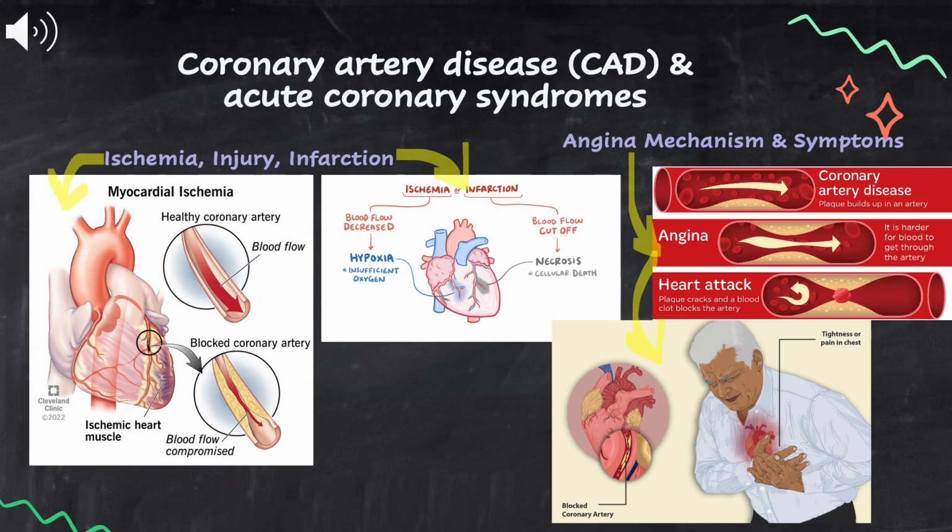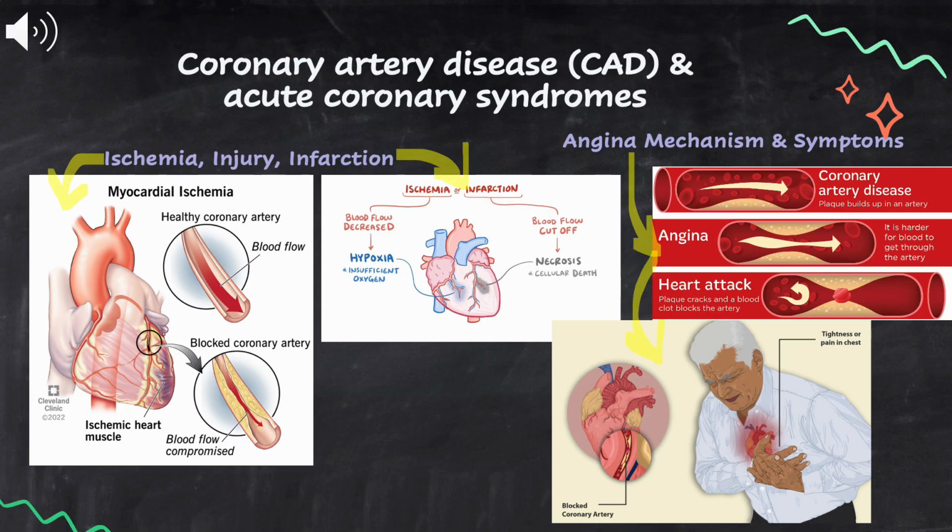If ischemia persists, it progresses to injury, where myocardial cells are stressed and damaged but may still be viable. Without timely intervention, prolonged injury leads to infarction, which is irreversible tissue death. This sequence forms the basis of acute coronary syndromes and explains why early recognition and treatment are so critical.